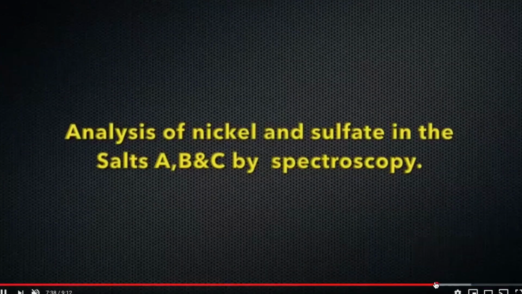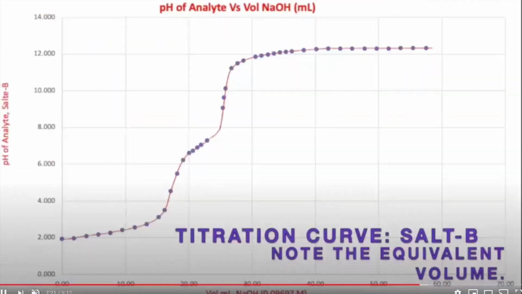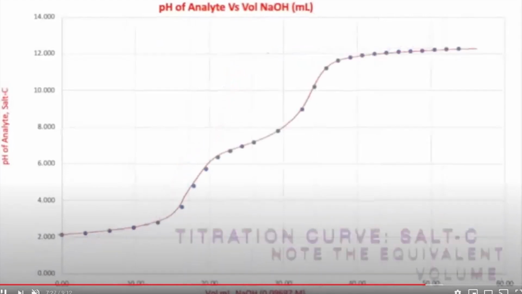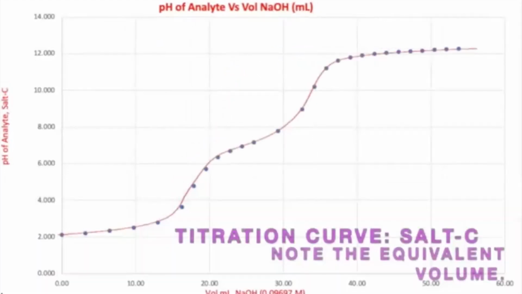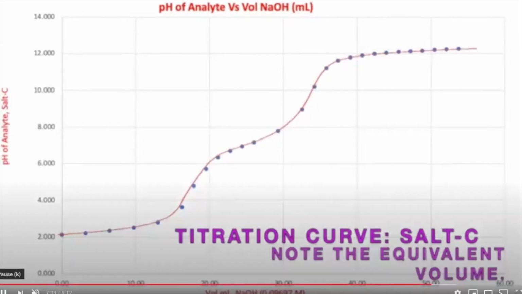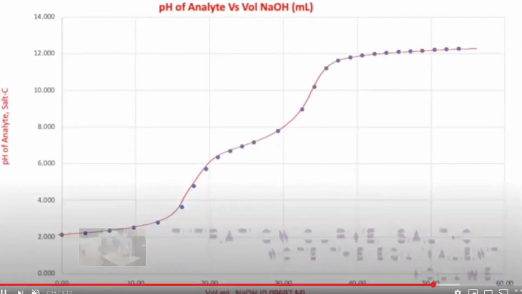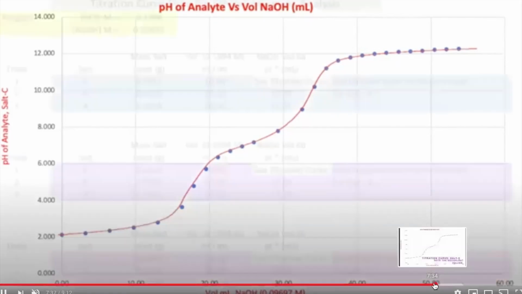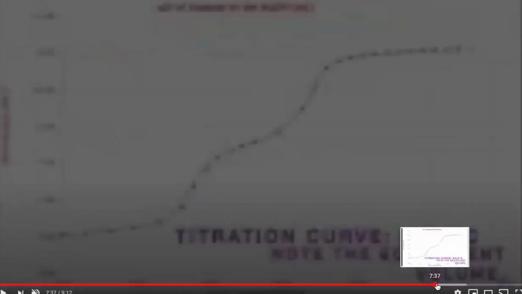I need to stop this real quick. Let me pause this. Okay, so those are the different titration curves for the different salts. I want to talk to you guys about this.